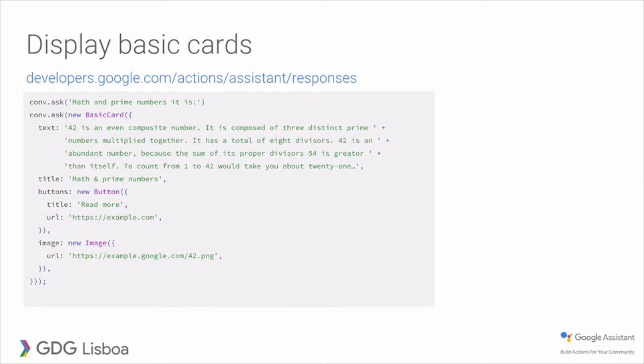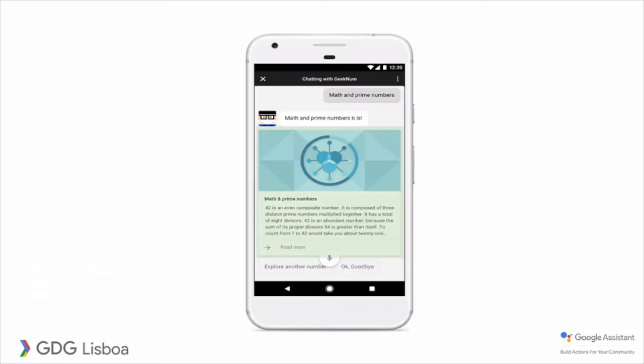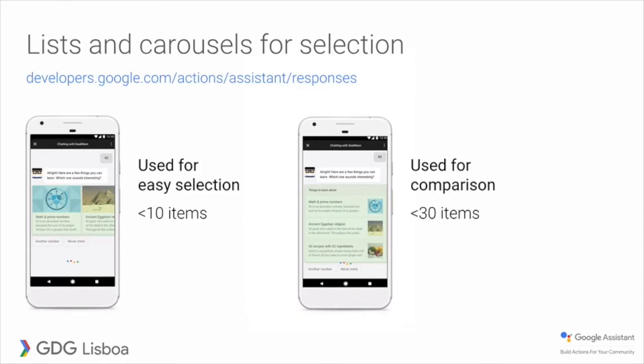So you provide the link of the image, and accessibility. Remember, think about accessibility. Maybe that person can't see the image. So always consider everyone that can talk with your app. Then this is how it's going to look. So we got our image and our text and our button. So when they click that button, it's going to open that link that you provided.